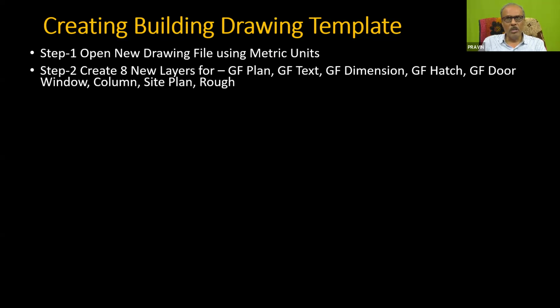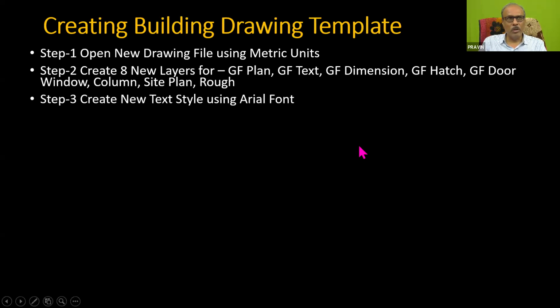Then step 2 is to create new layers. We have seen that 8 layers are required: ground floor plan text, ground floor dimension, hatch, door, windows, column, and site plan. Those layers we have to create.